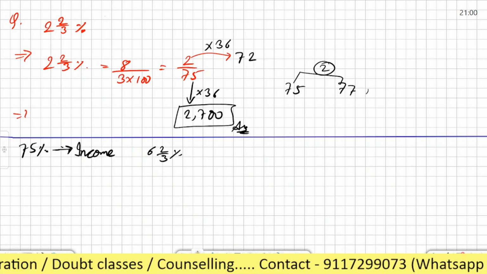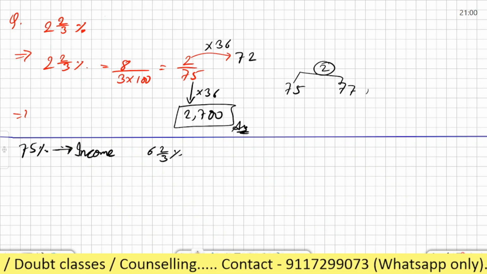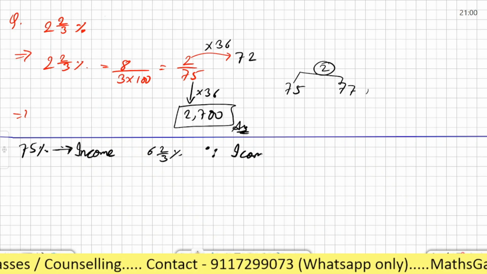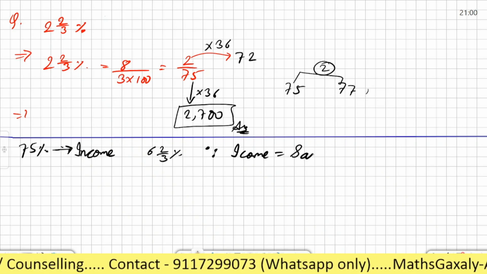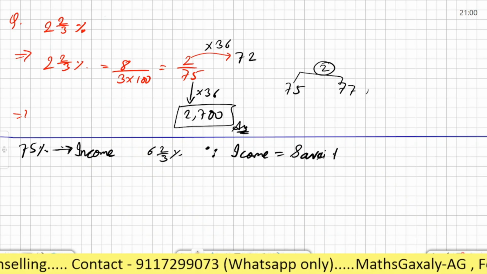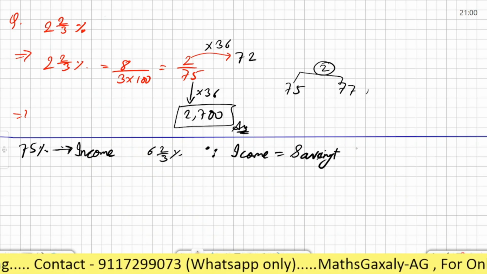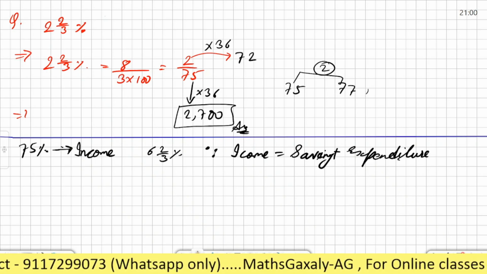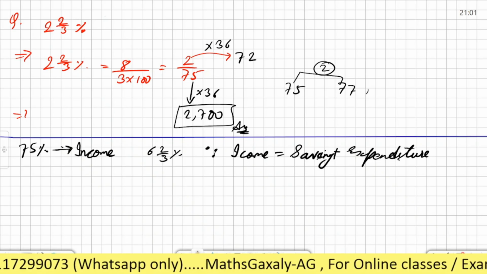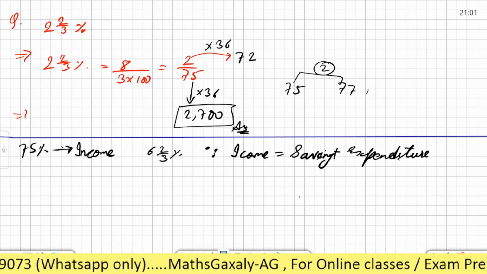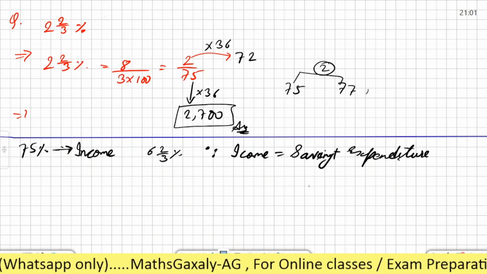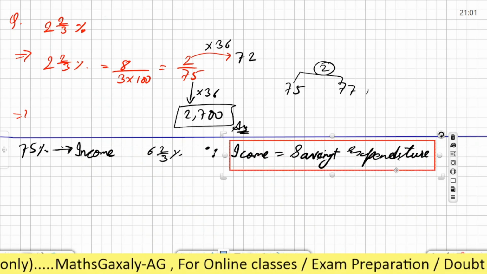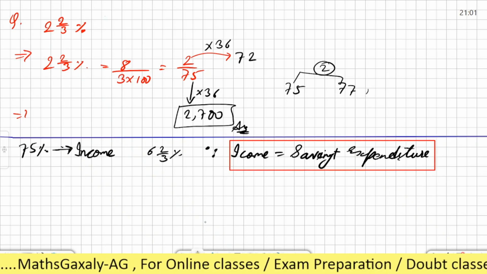Let's see how we will do it. As we know, income is equal to saving plus expenditure, okay? Is it clear?